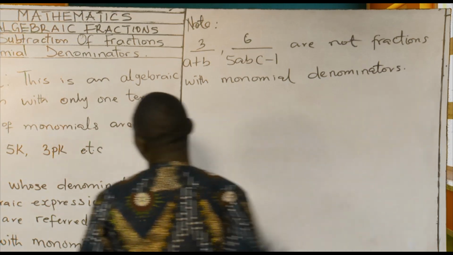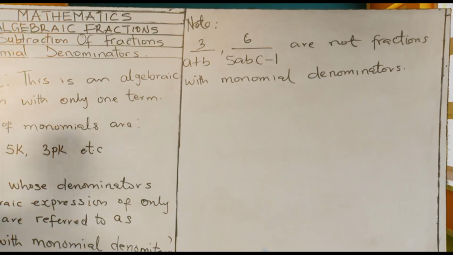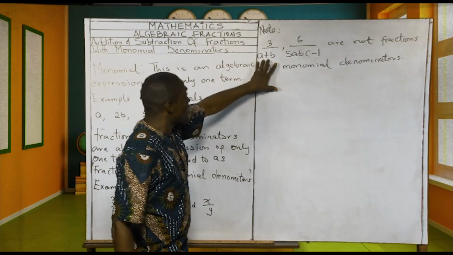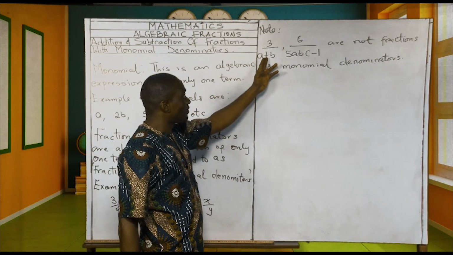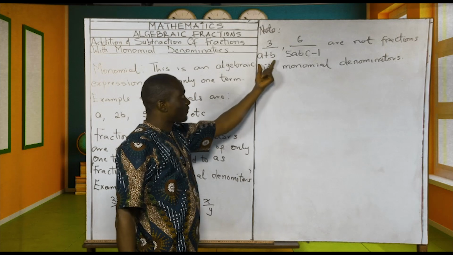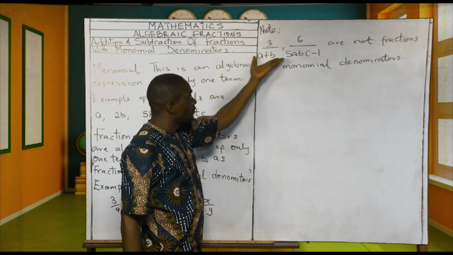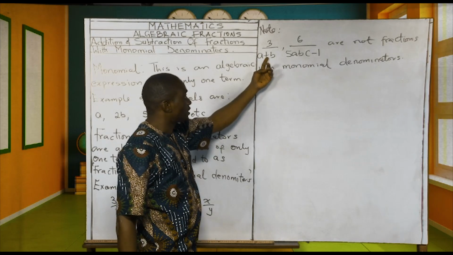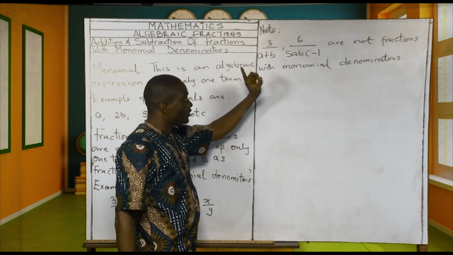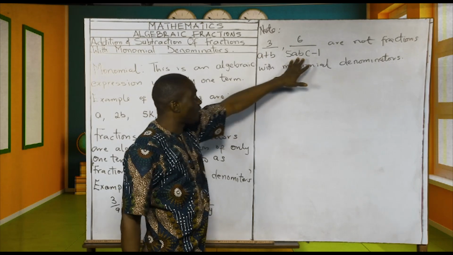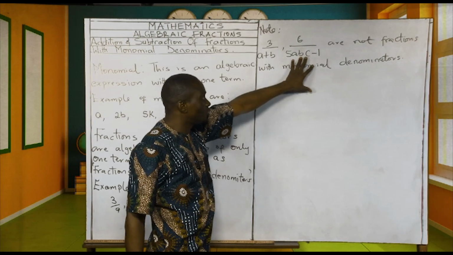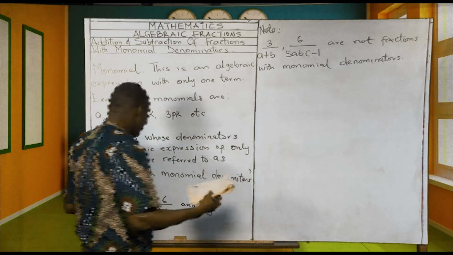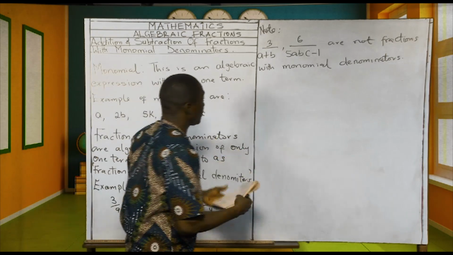There is a difference between this and this. The denominators here are not monomials because we have more than one term in the denominator. Though the denominators are algebraic expressions, they are not monomials. They are not single terms. We have two terms here and two terms at these denominators. So take note of that. Don't mix them up.